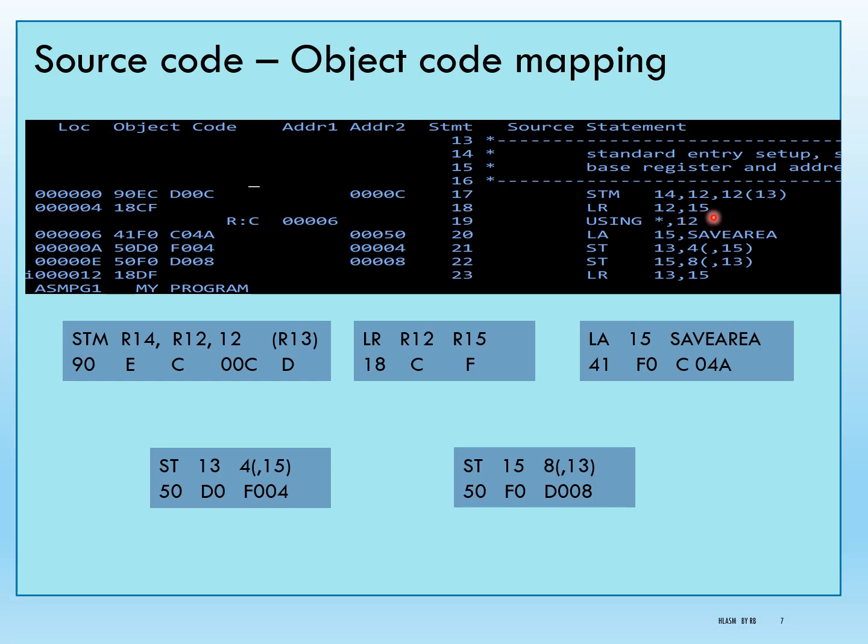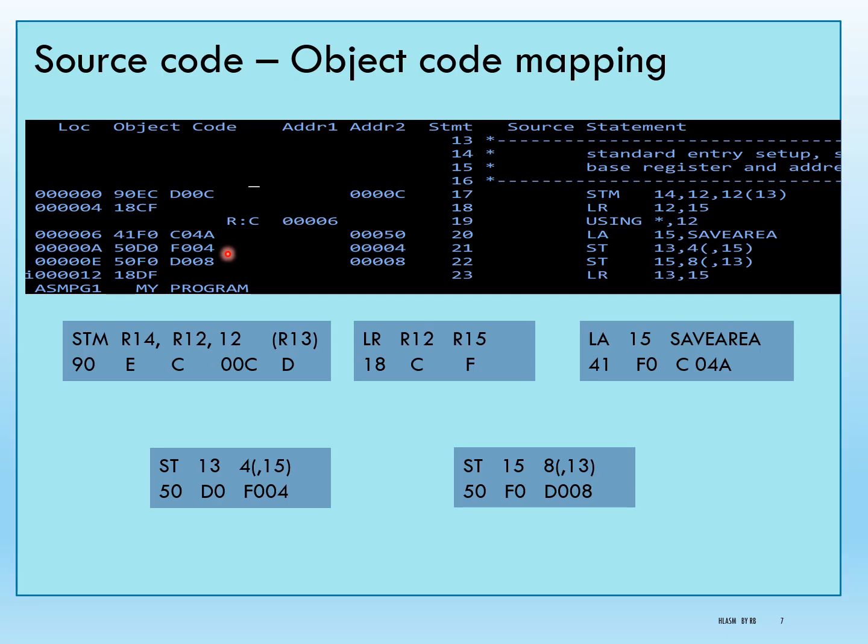That means you are telling that your base register is 12. The starting point of my program is getting loaded in register 12, which is C. That is why you say LA: 41, 15 is F, and 0 because there is no second register, and save area is at 04A. So you are seeing 41F0 C04A.